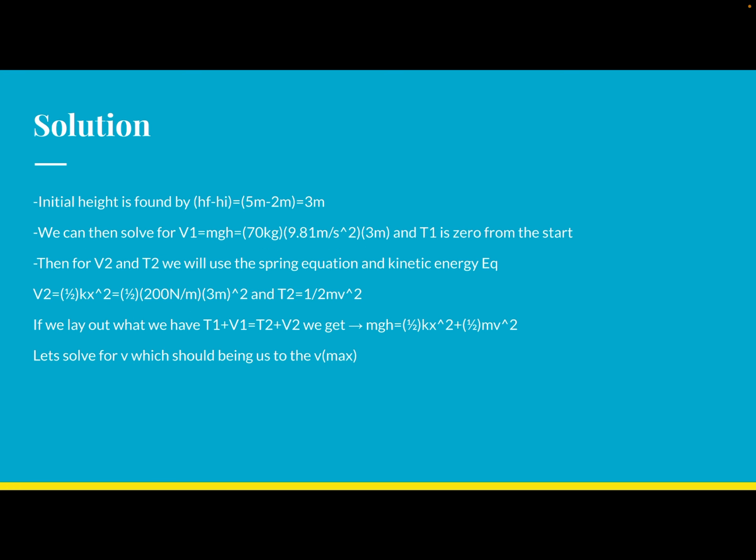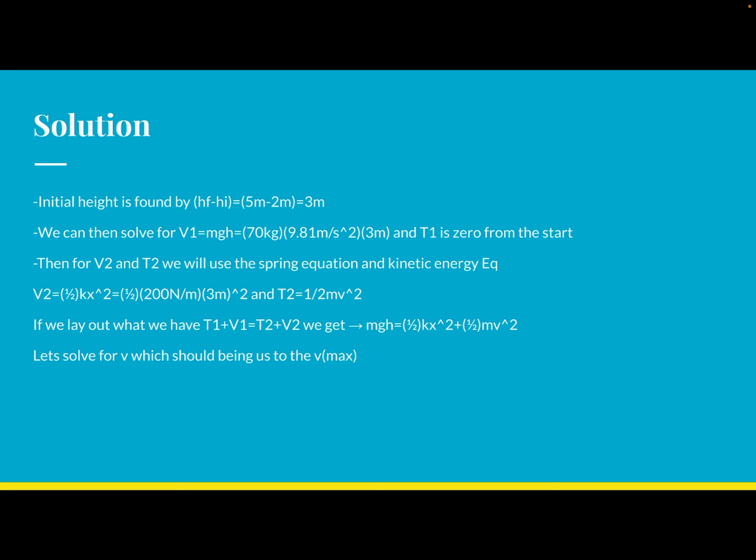So first, to find the height, we'll take the height final and initial, which gives us 3 meters, and then we can solve for V1 in our conservation of energy equation to get the mass with 70 kilograms, the gravity 9.81 meters per second squared, and the height being 3 meters.